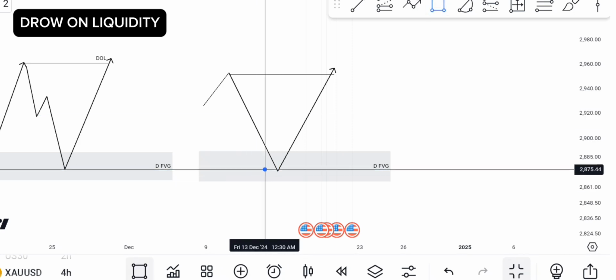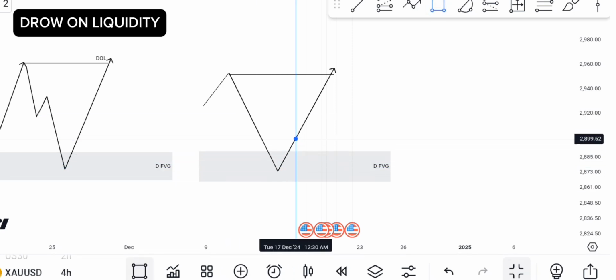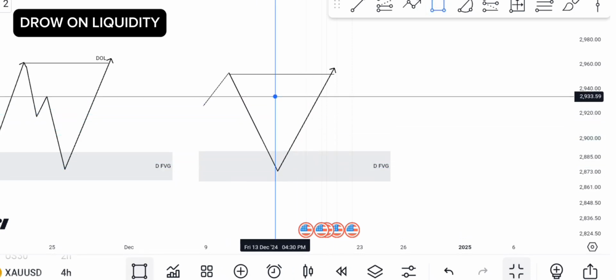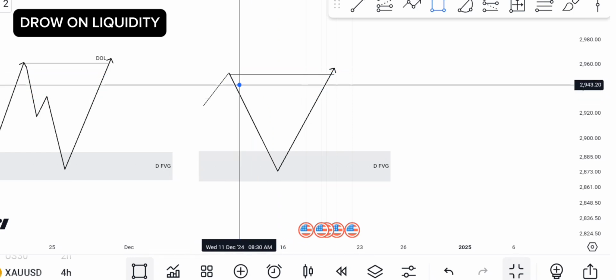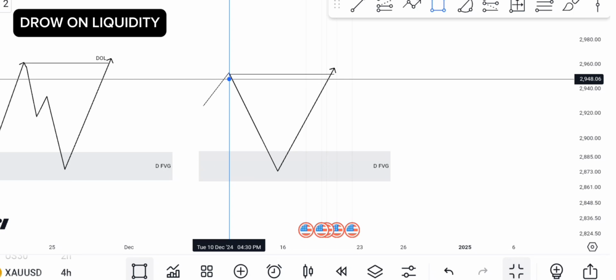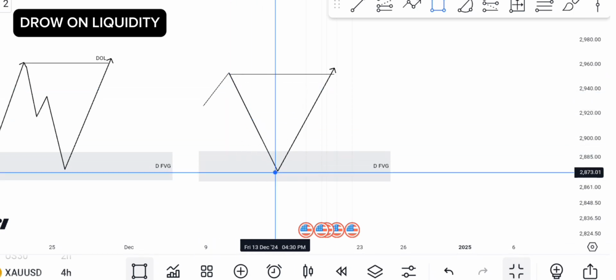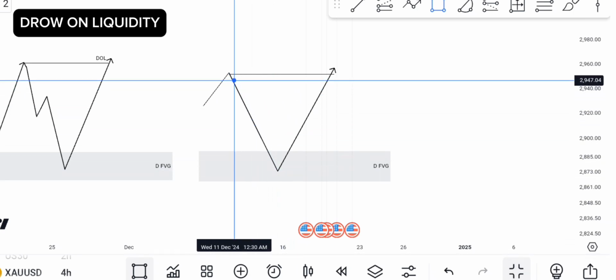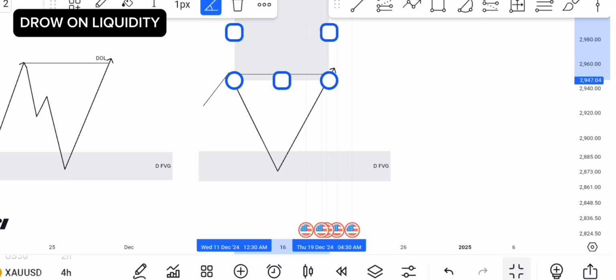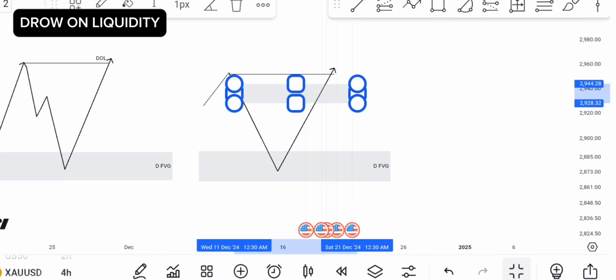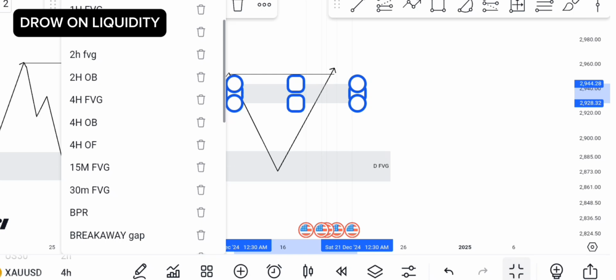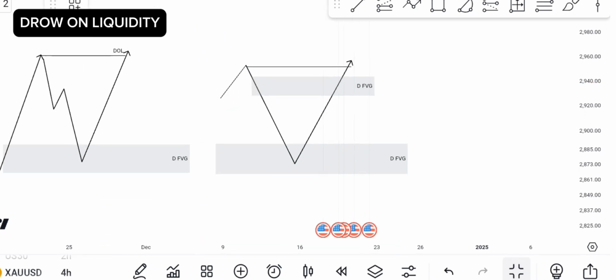If price taps this daily fair value gap and starts rejecting from it, and in case price makes another daily fair value gap in this bearish drilling range, just imagine here is another daily fair value gap. In that scenario, this is your daily fair value gap.